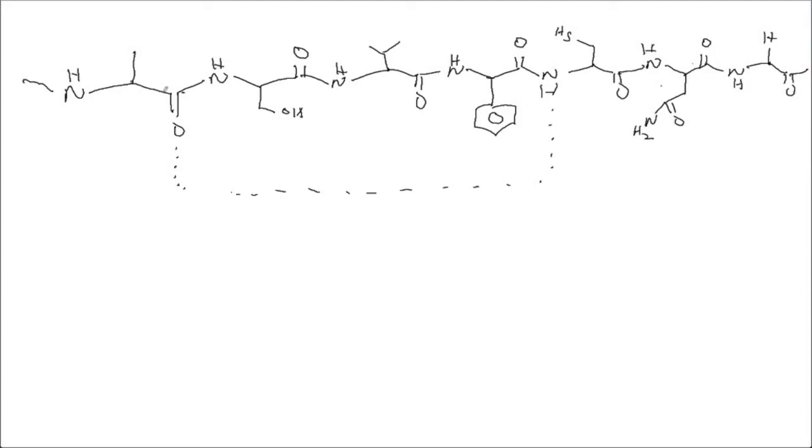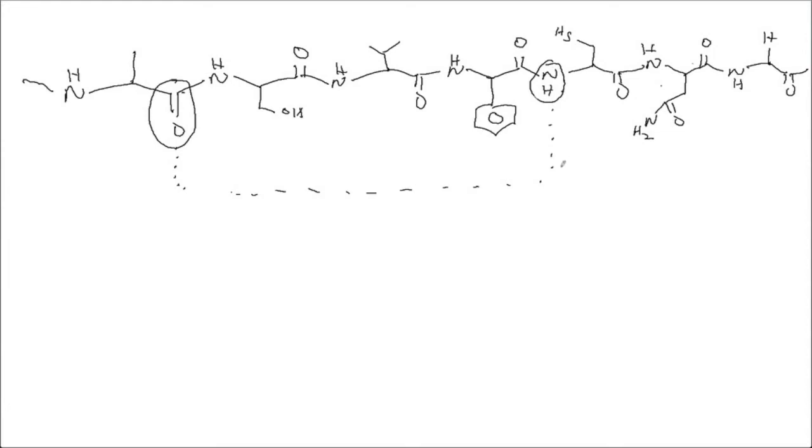So I'd like you to take a look at this structure and this structure. If these structures were close enough, could you form a hydrogen bond between them? Yes. Which two atoms would form the hydrogen bond?